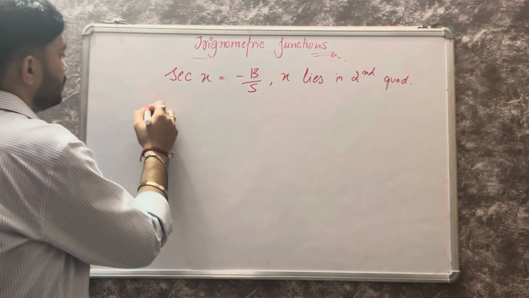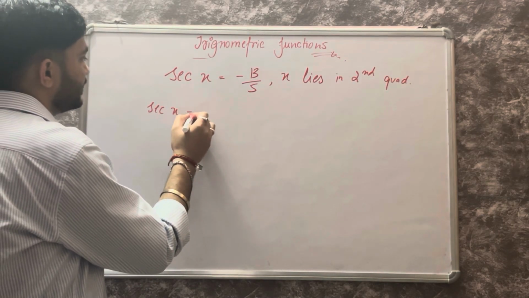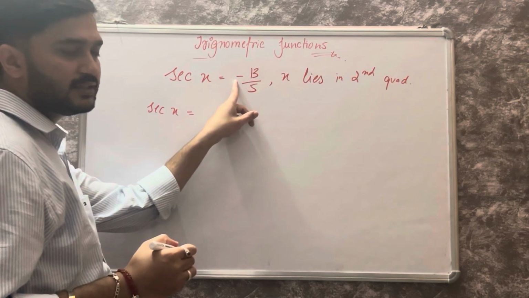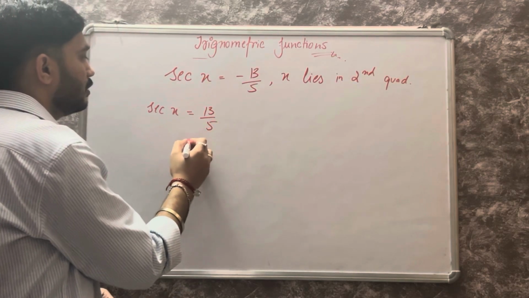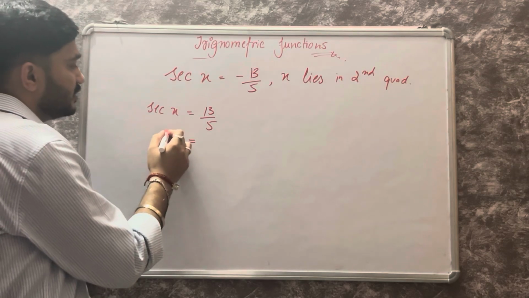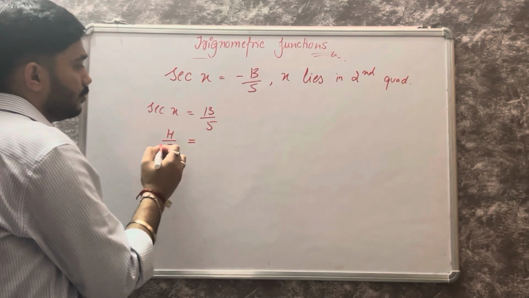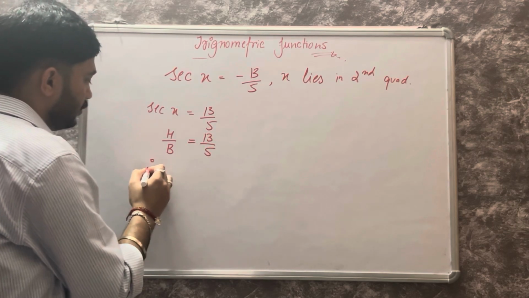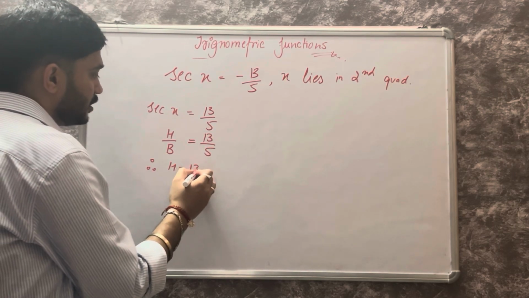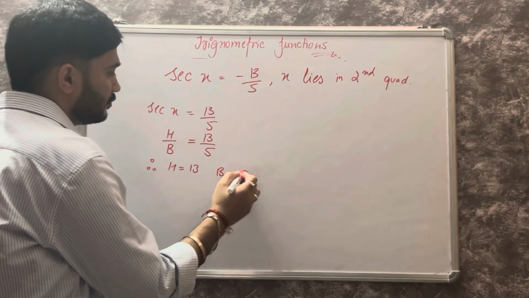So in this question, sec x in the second quadrant is always negative. So put the value 13 by 5 for sec x. Sec x is equal to hypotenuse upon base. So the value of hypotenuse is 13 and base is 5.